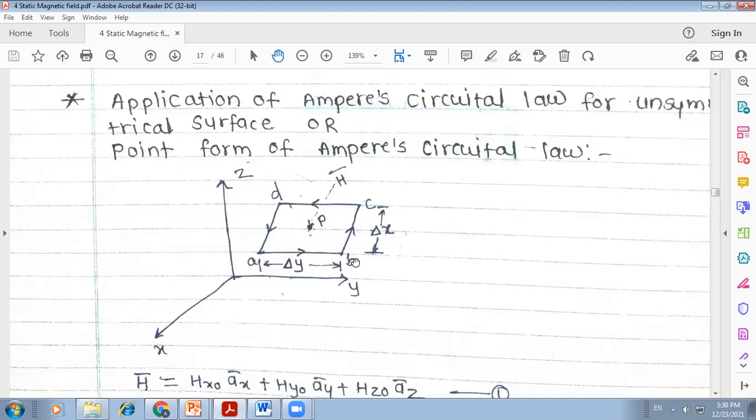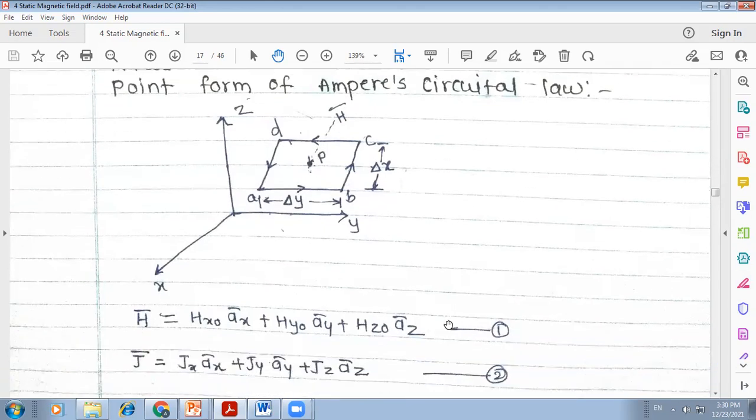Okay. AB is equal to CD is equal to delta y. Similarly, if you check path B to C and D to A, means the differential lengths for these, now these two lines are in the direction of x. That's why the differential length is delta x here. Okay, and now we have to consider one central point, that is P, where we are finding this H bar. Okay.